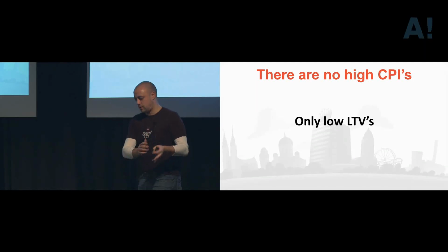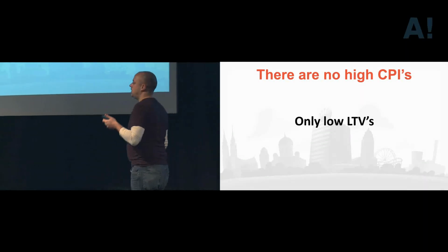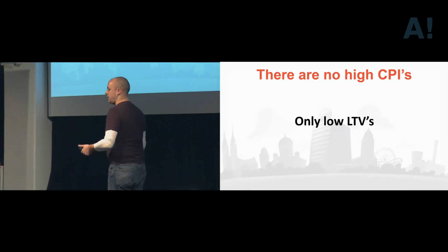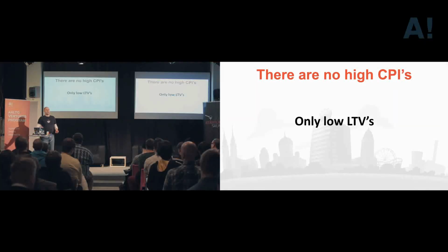So there are always, of course, exceptions, but at the end of the day, you need to improve your lifetime value. And that's why it's the question that annoys me the most, that everyone is discussing at every conference, saying, oh, the CPIs are too high. I have a great game, but I can't get any users because the CPIs are too high.